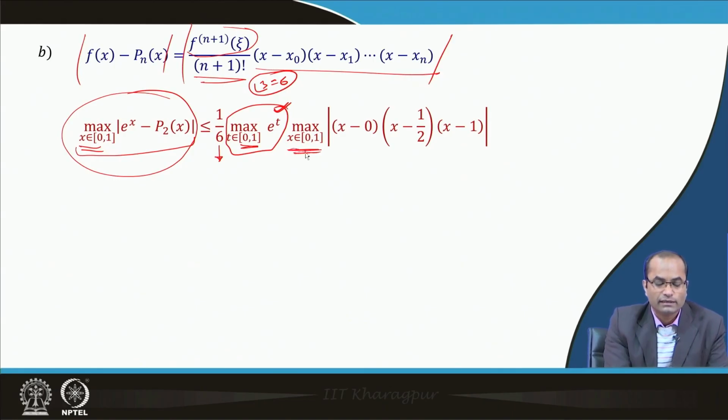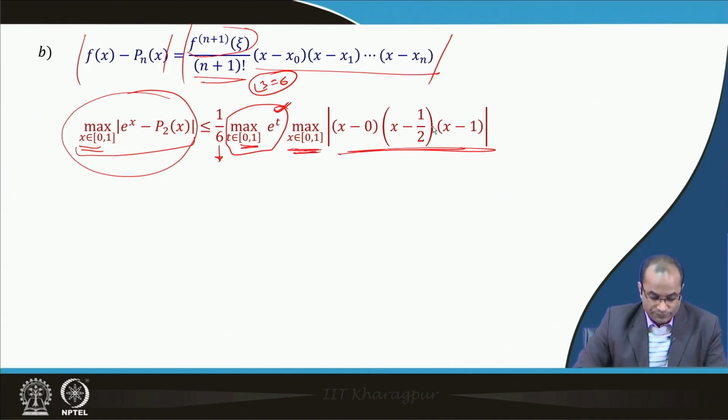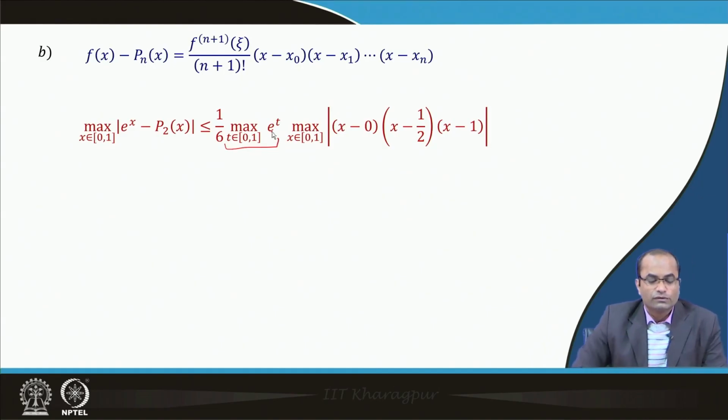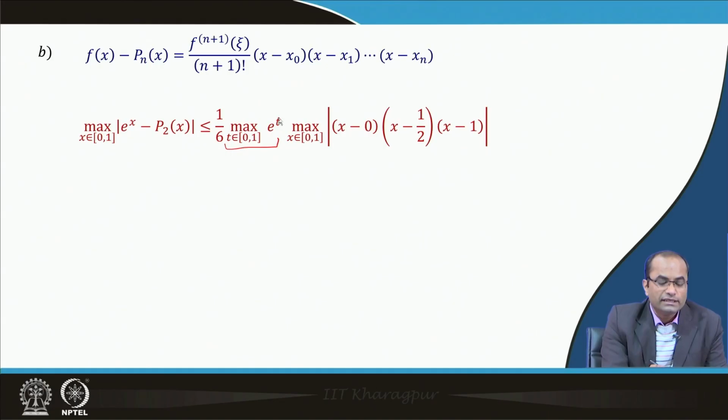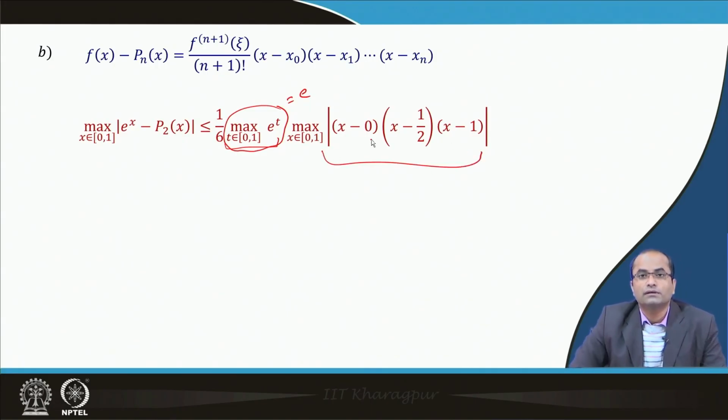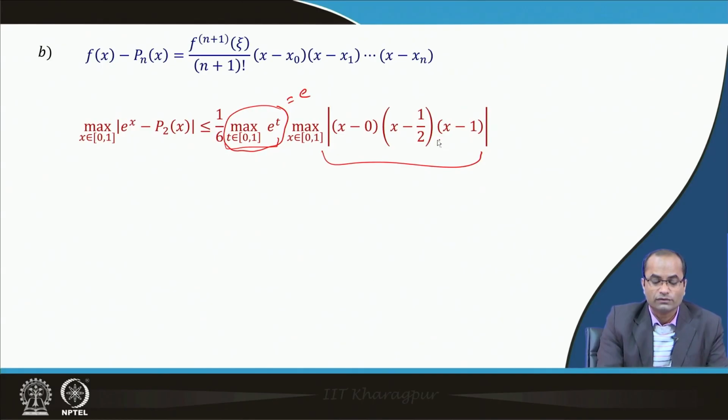And again here also we will maximize this, the maximum over x in 0 to 1, and then we have x minus 0, x minus half and x minus 1. So, we need the maximum first of the exponential function. It is an increasing function, and at 1, when t is 1, will be the maximum. So, the maximum of this will be nothing but e, and the maximum of this function of order 3 we have to compute then.